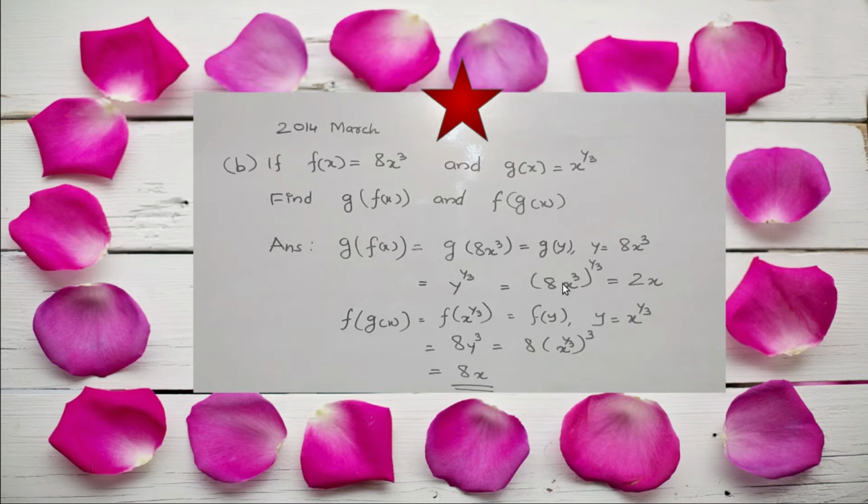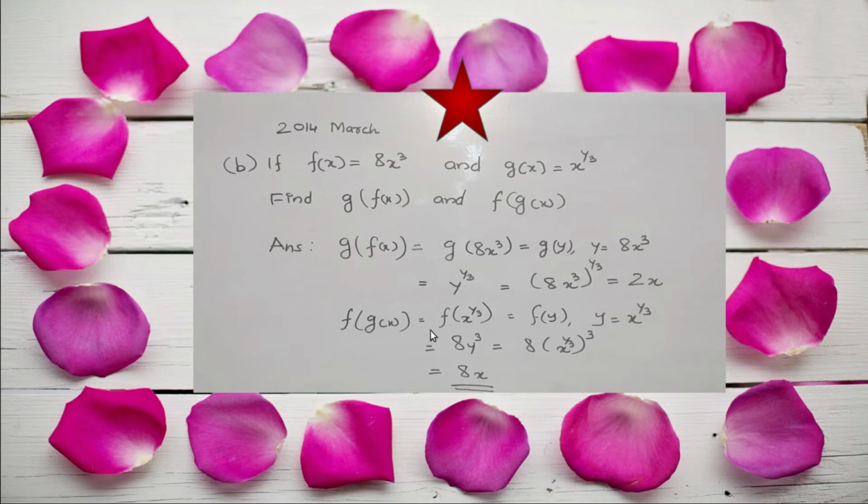So 8x cube, that is our y, 8x cube raised to 1 by 3. Now this is 8 raised to 1 by 3, x cube raised to 1 by 3. 8 raised to 1 by 3 is 2, x cube raised to 1 by 3 is x raised to 3 by 3, x. So answer is 2x.